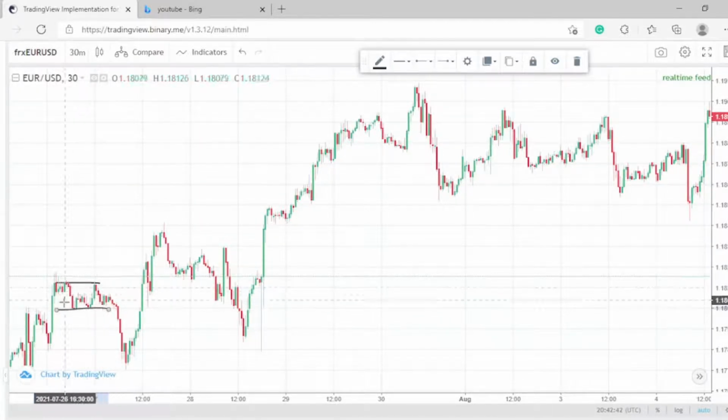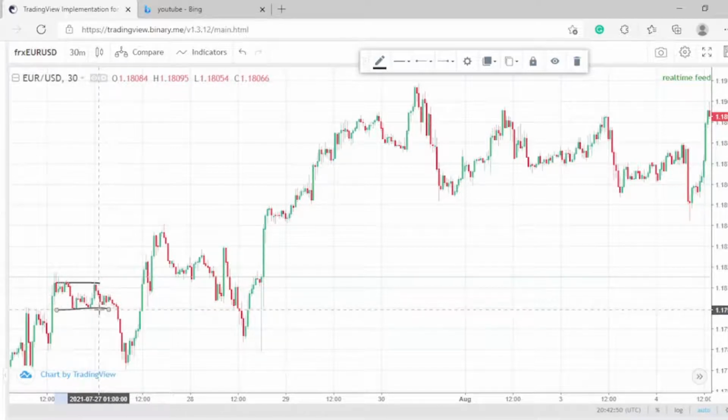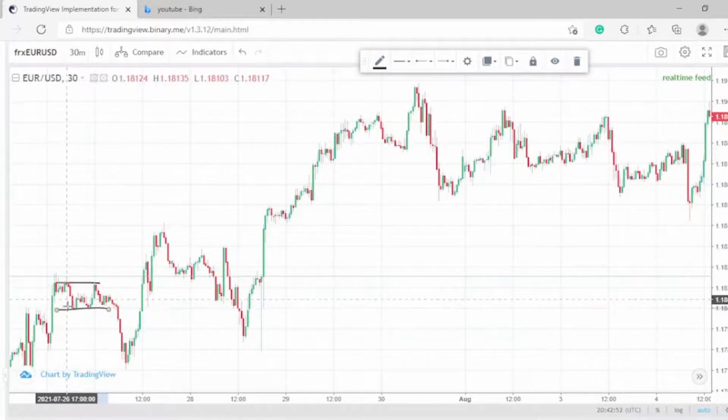This is a range. The market has a high, a low, a high, and a low. So you have equal highs and equal lows. The market is not breaking out of this structure, so this is what we call the market is ranging.